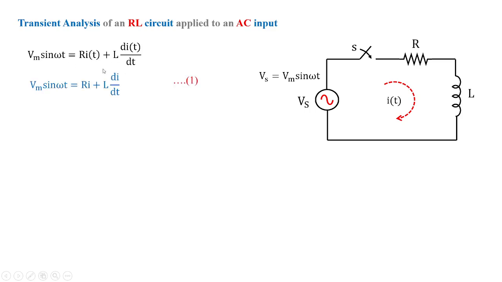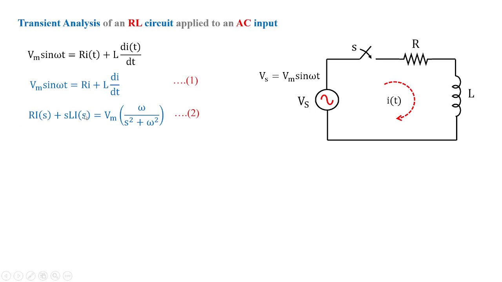This equation is in the form of a time domain specification. We can change this time domain specification into frequency domain specification. Wherever you have R, that stays R, and the current is changed to I(s), the Laplace value of current, shown in equation 1, and equation 2 is the Laplace version of equation 1.